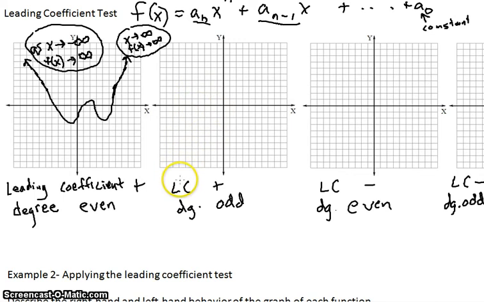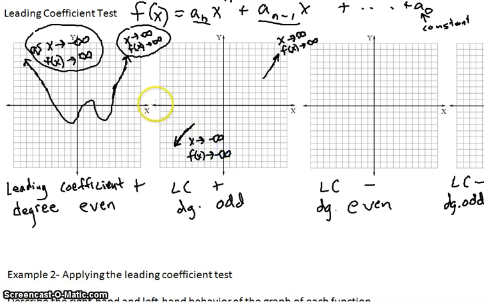Now, when the degree is odd but your leading coefficient is still positive, the end result of your graph is still going to be the same: when x goes to infinity, your function goes to positive infinity. The difference is that when you deal with an odd function, it goes down on the left. So when x goes to negative infinity, your function goes towards negative infinity as well.